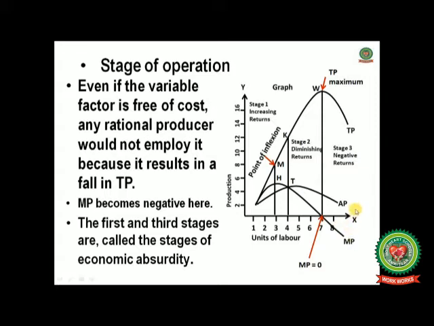The first and third stages are the stages of economic absurdity, meaning that no one is ready to produce in the first stage and third stage. In the first stage there is underutilization of resources, and in the third stage there is overutilization of the resources, due to which the profits of the producer can be harmed. So that's why, due to the negativity of the marginal product, this stage is known as negative returns.